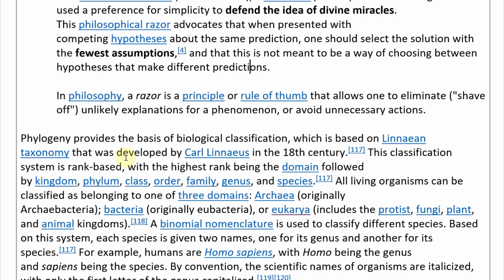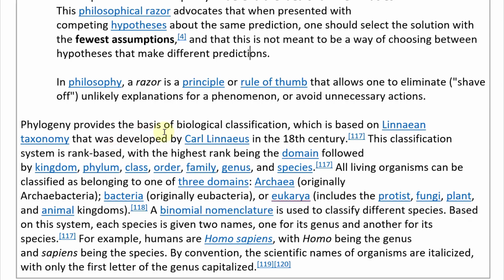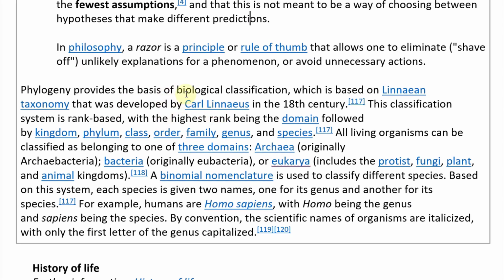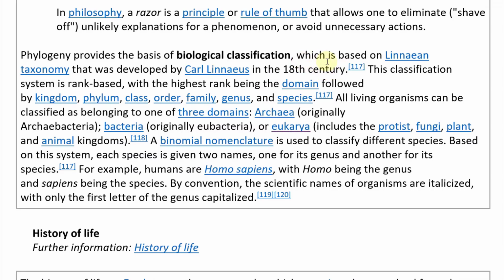All right, let's continue further. Phylogeny provides the basis of biological classification, basically categorizing or giving labels to specific organisms, which is based on Linnaean taxonomy developed by Carl Linnaeus in the 18th century. This classification system is rank-based, with the highest rank being the domain, followed by kingdom, phylum, class, order, family, genus, and species.